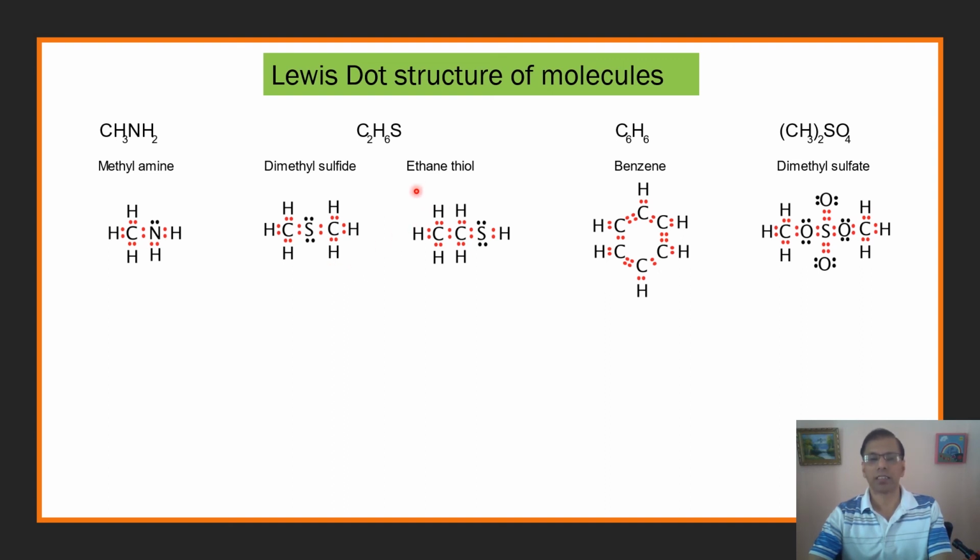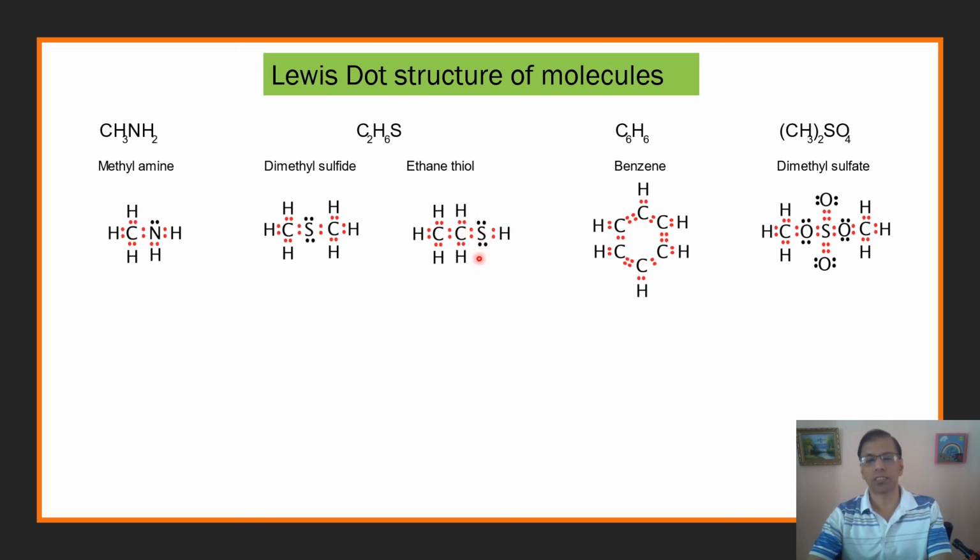Let's look at ethyl. In case of ethyl, you can arrange it in this way, where you have 2 carbon atoms next to each other, and then sulfur is next to just 1 carbon.